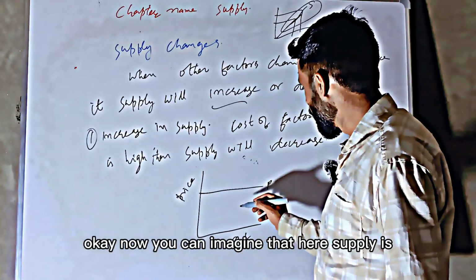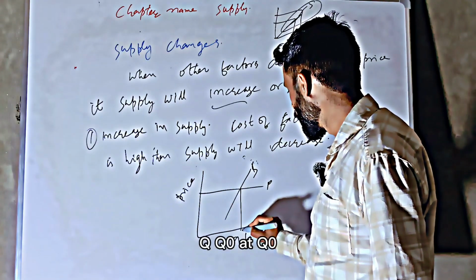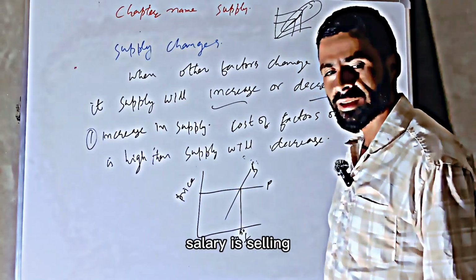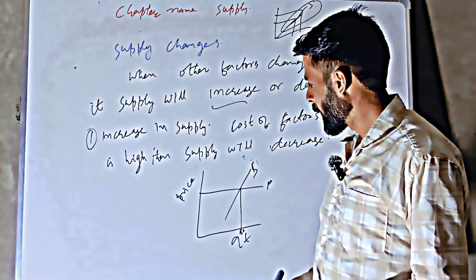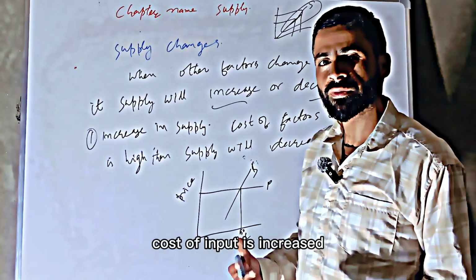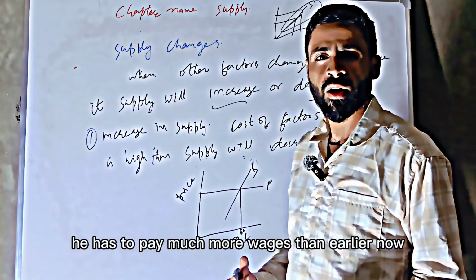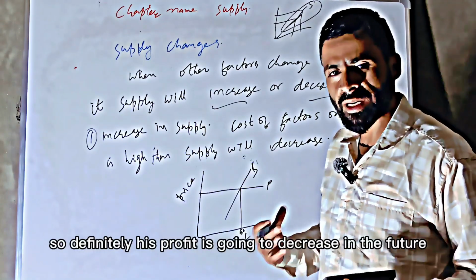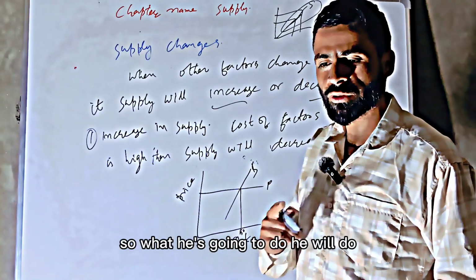Okay, now we can imagine that supply is here. Look at this Q0. At Q0 the seller is supplying some commodity, but he knows that the cost of input is increased. He has to pay much more wage than earlier now. So definitely his profit is going to decrease in the future. So what is he going to do?